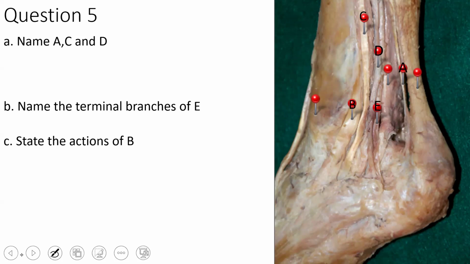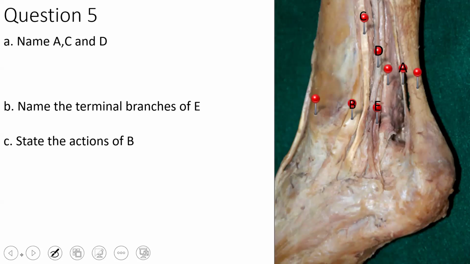So A, I saw someone say A is plantaris. Okay, that's great. What's B? Tibialis posterior tendon. Wonderful. Even if you say tibialis posterior, you are still correct. You don't have to put tendon, but it makes no harm to say tendon. So tibialis posterior.